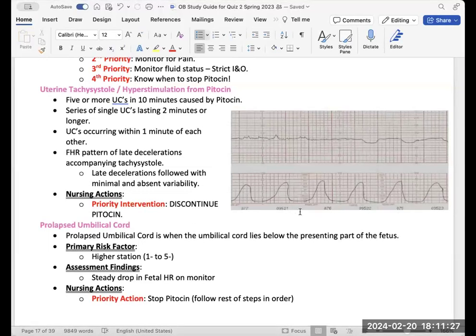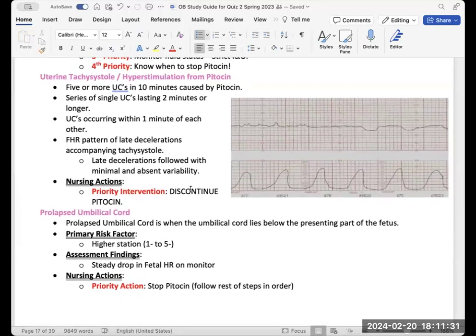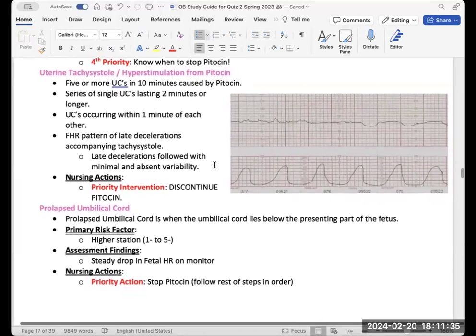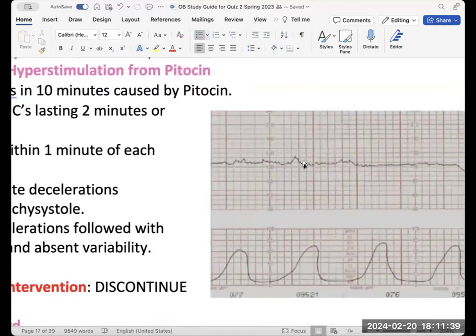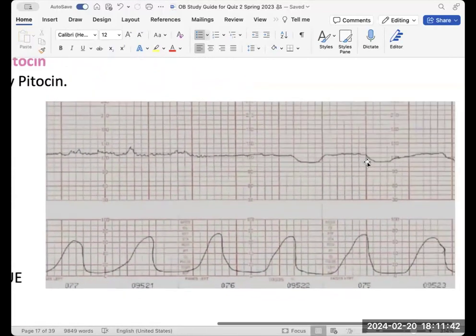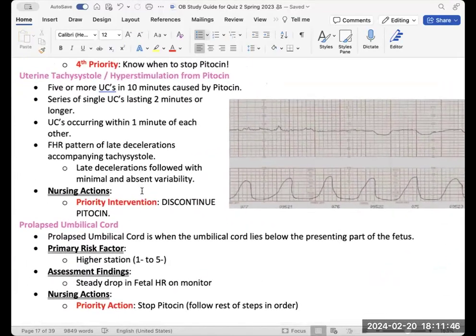You see how frequently these are occurring in this chart? And we're also going to notice late decelerations followed by minimal and absent variability. So we could see that minimal variability here, leading to absent variability with late decelerations.